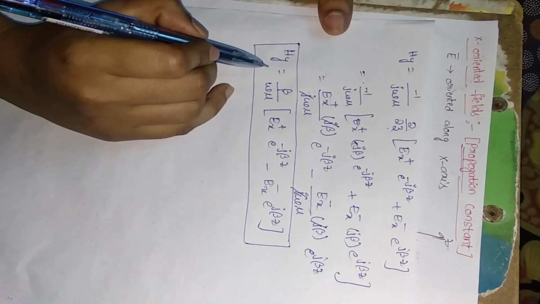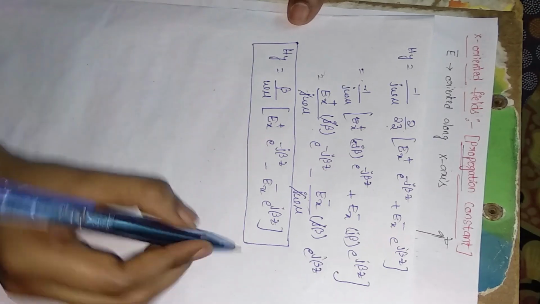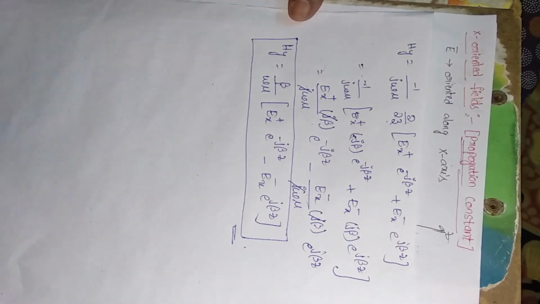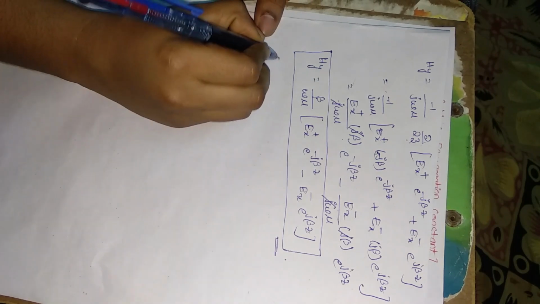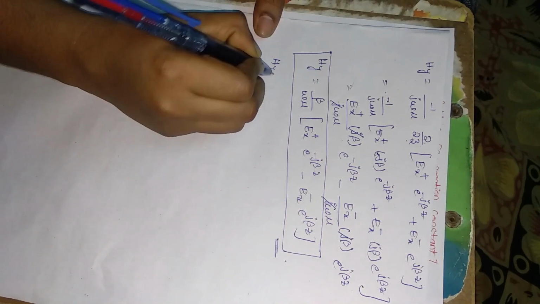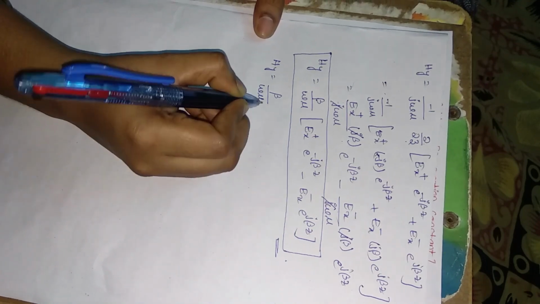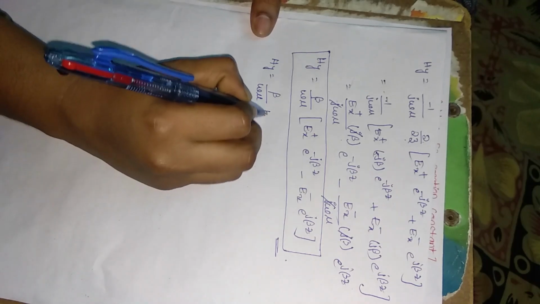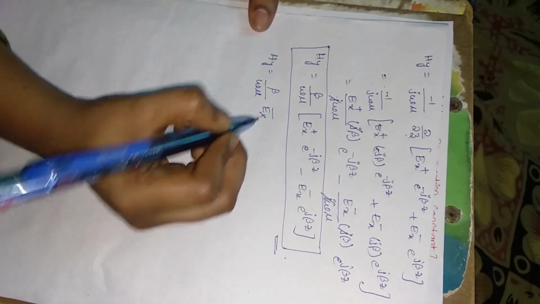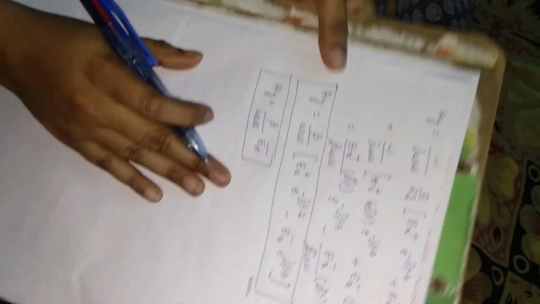This is the plane wave propagation for the uniform plane. Next, I am writing this as Hy is equal to beta divided by omega mu into Ex cap. This is another form.